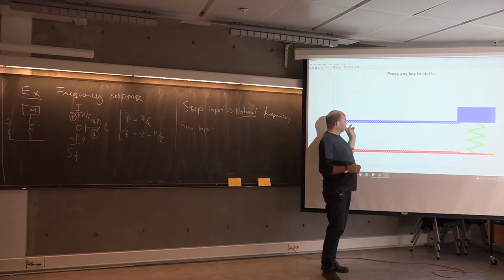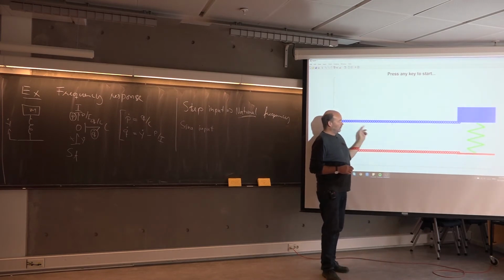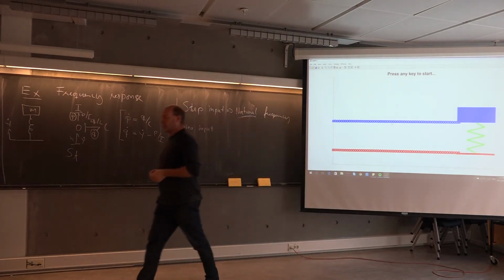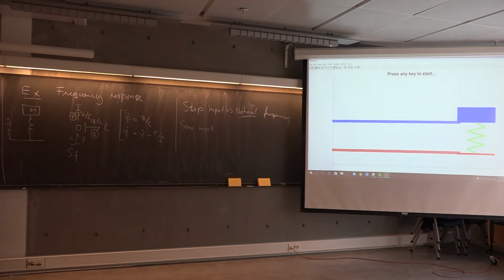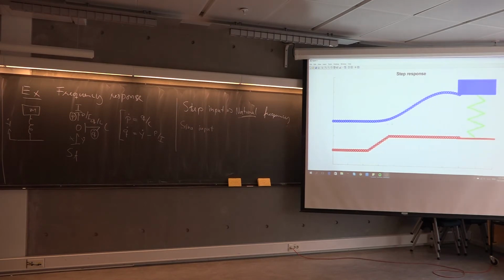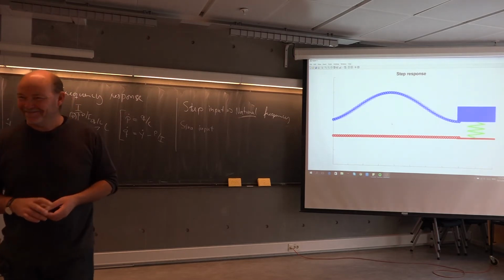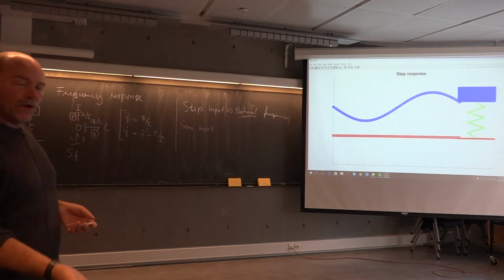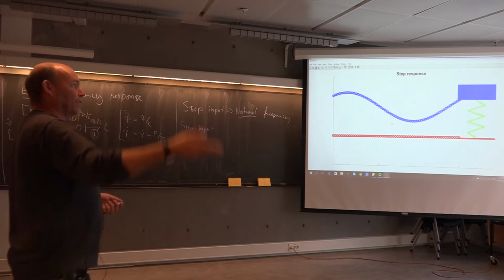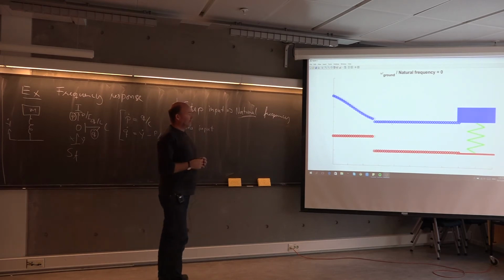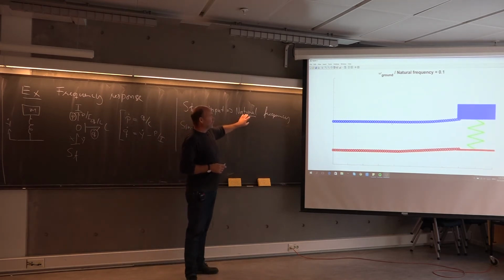This line of circles is just sort of a timeline going now to the left, giving you the position. So then we start with a step. Step response. You have a slow computer. So there you see one kick, and then the mass now will move in a very nice way in its natural frequency.